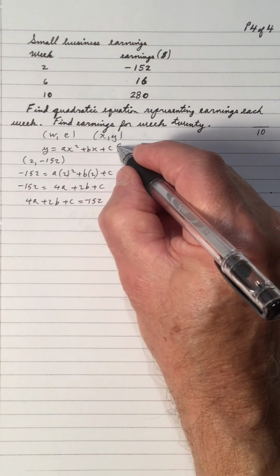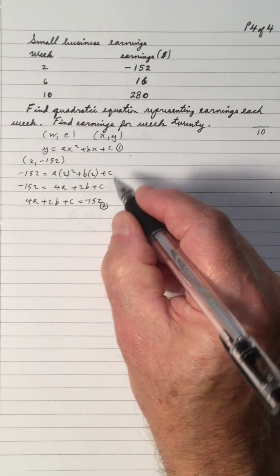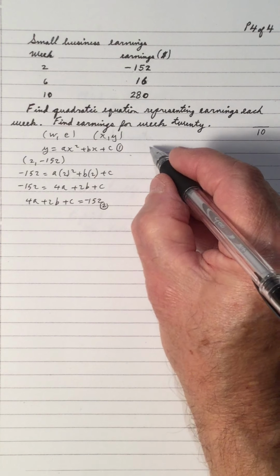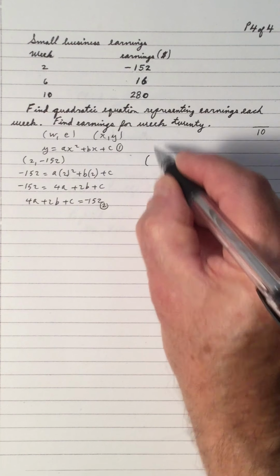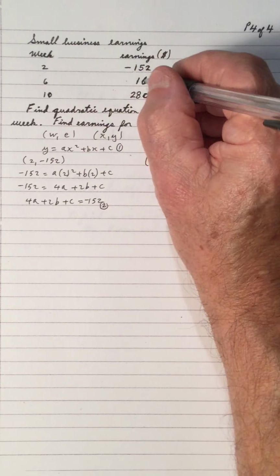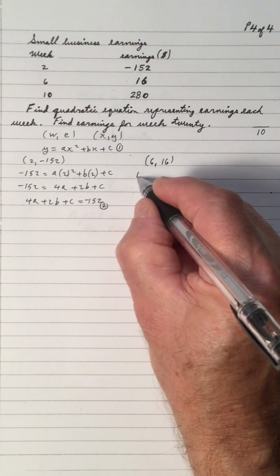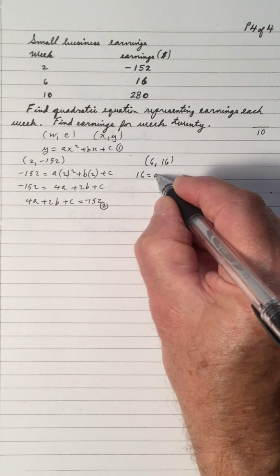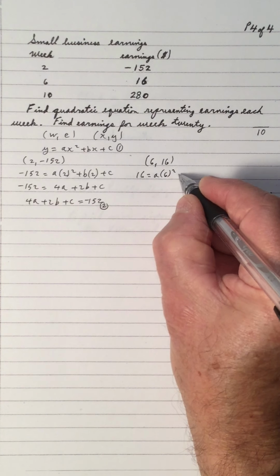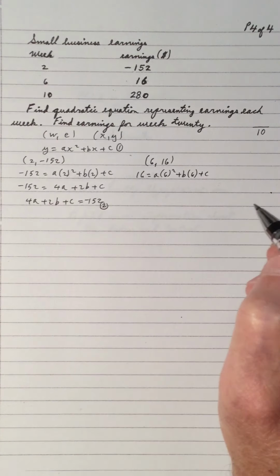So this is the first equation, which is the standard form. Let's call this one equation 2. So let's take the next one, which is week 6, which is the x, and $16 earnings. So we get 16 equals a times 6 squared plus b times 6 plus c.